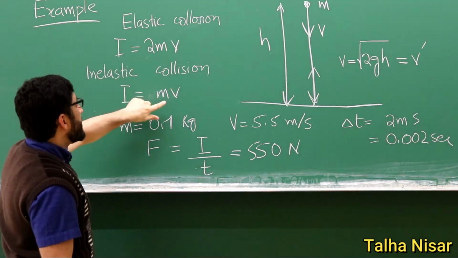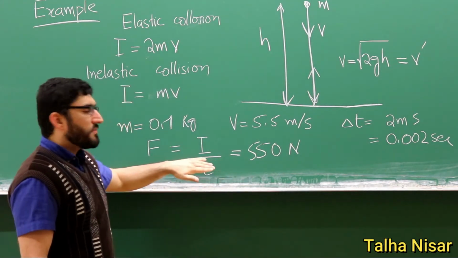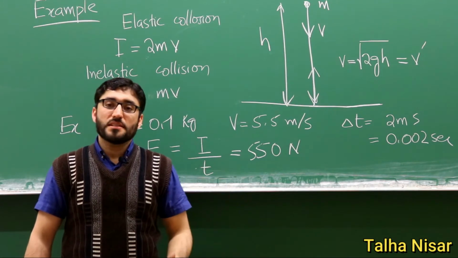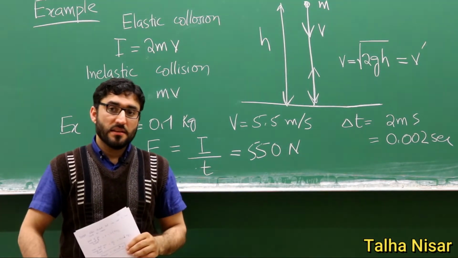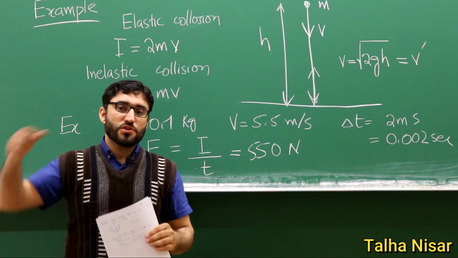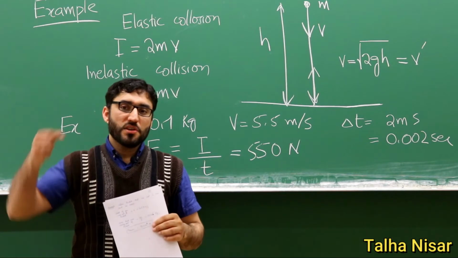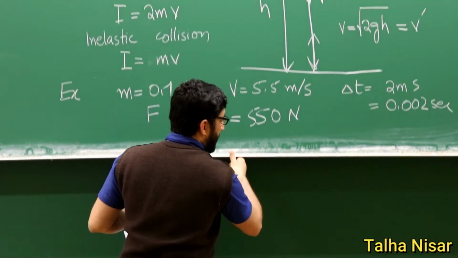And now we take the example of the inelastic collision. For the inelastic collision, we can use an egg, for example, or we can use water. In dams, water is dropped on the electric generator, and initially the water has extremely high speed.